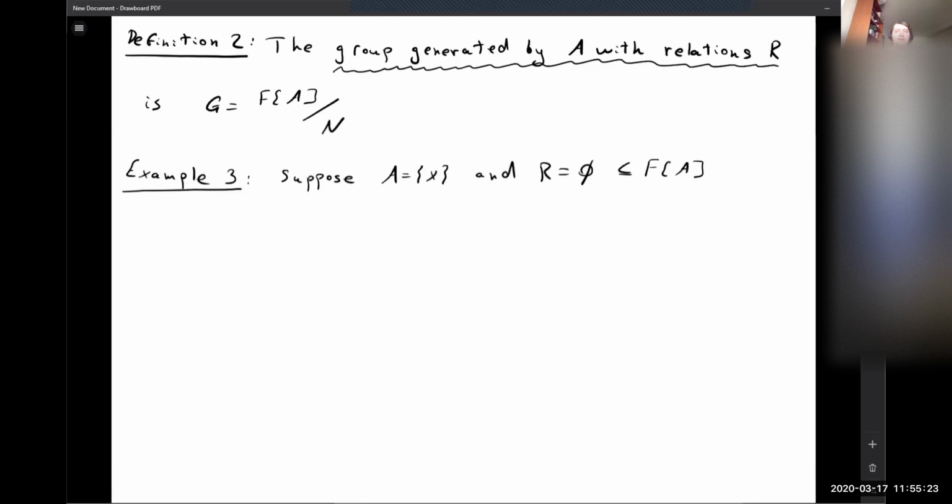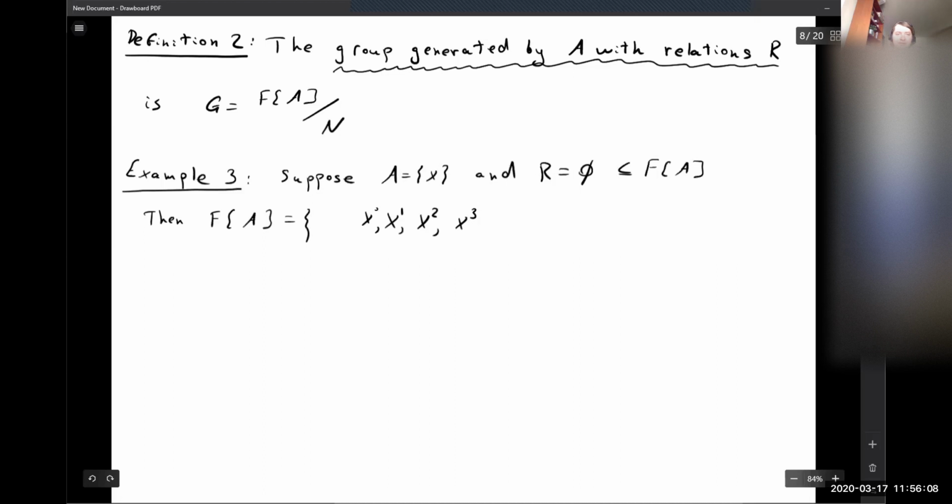So what do we know about F of A as a set? What are possible words we can get? That's the question to the audience. X. Good, we can get X. What else? Remember, the words are just formal powers of X. So there is X, which is X to the 1. There is X squared, X cubed.